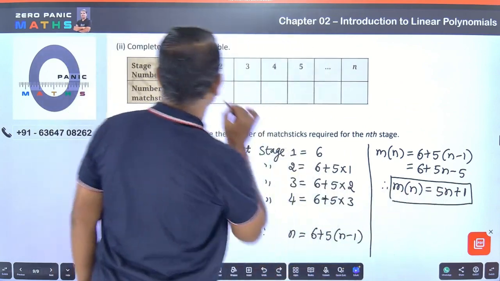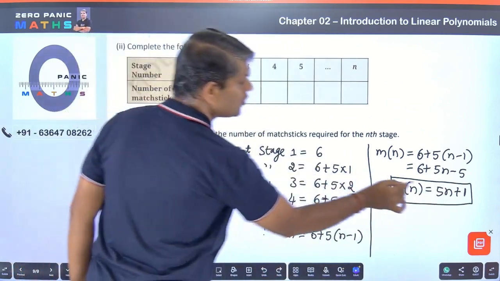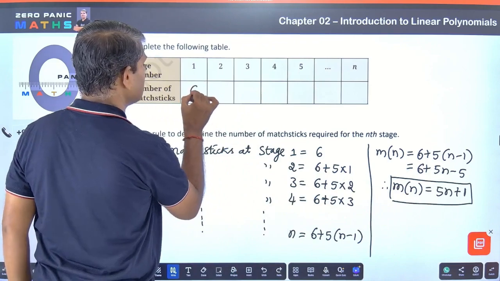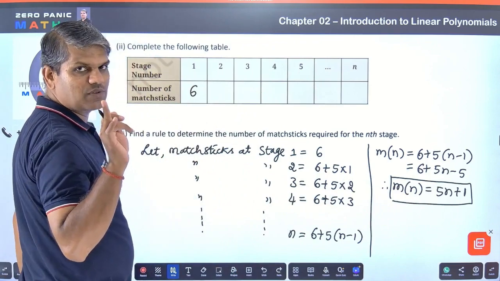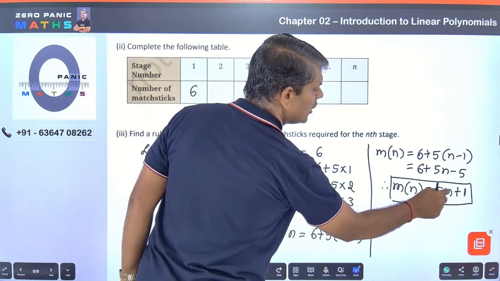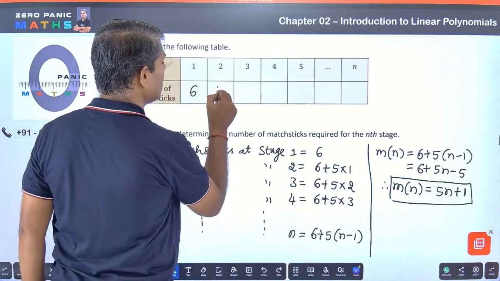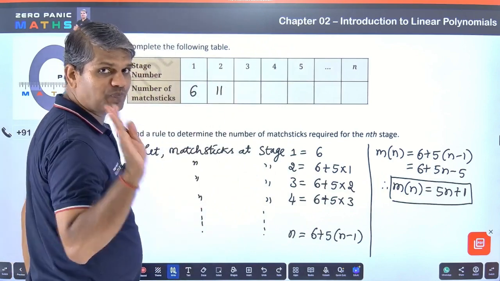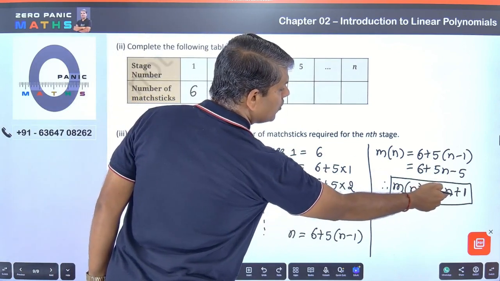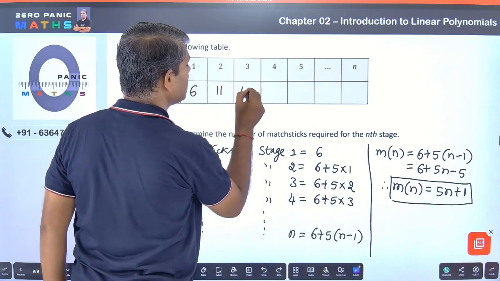n is equal to 1. If you substitute n equal to 1, 5 into 1 plus 1, that is 6. At stage 1 we have 6 matchsticks. At stage 2 it is 5 into 2, 10 plus 1, 11, correct? It was 6 plus 5. Understood this? Substitute 3, 5 into 3, 15 plus 1, that is 16.